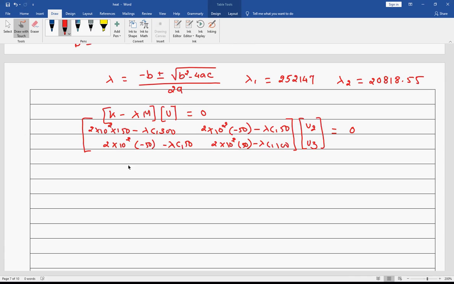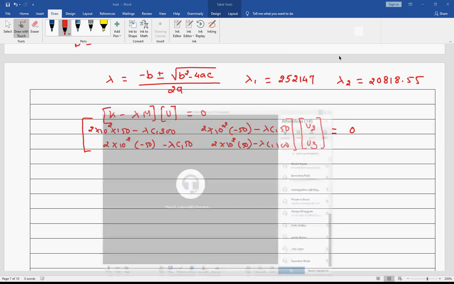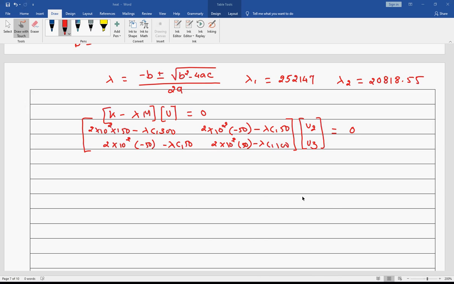Okay, so I'll take the first equation. I use the first equation, because both the equations are actually equal to 0.